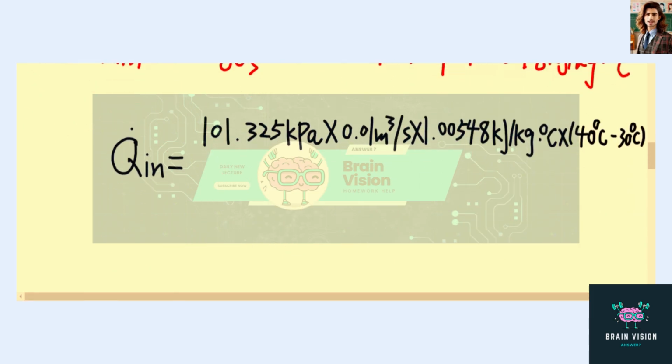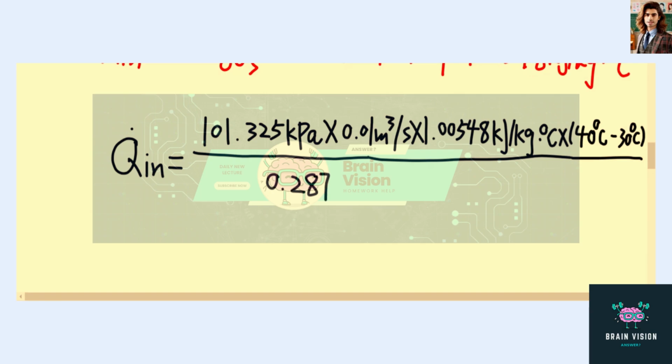And this whole thing here over the gas constant, which is 0.287 kilojoule per kilogram times degrees Celsius. I'm sorry, not degrees Celsius, times Kelvin. Okay, and then multiplied by the initial temperature in Kelvin form, which is 303 Kelvin.